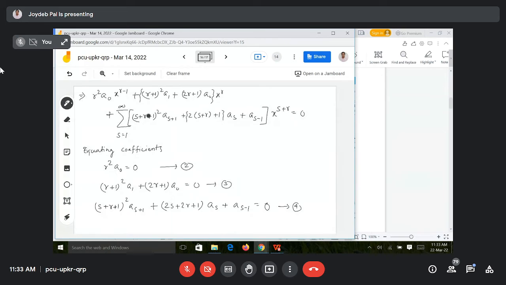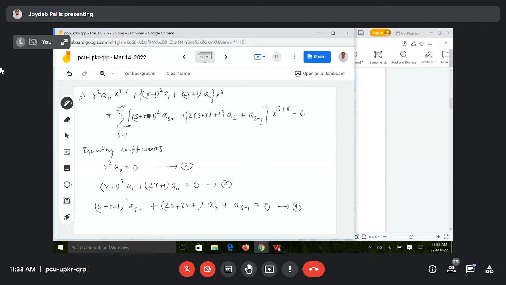Look, have you understood how I got this equation number 2? Yes sir, that I understood sir. So I have simplified r square into a naught is equal to 0, right? So from here can I write r square is equal to 0? Yes sir. And that is the initial equation.